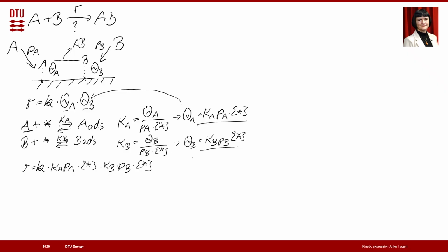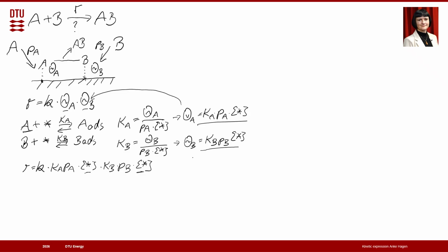So what we have achieved is we have substituted surface concentrations that are difficult to determine by partial pressures. Still, we have here this parameter, the concentration of free surface sites, that is very difficult to determine as well. So we need to find a substitution for these terms as well.